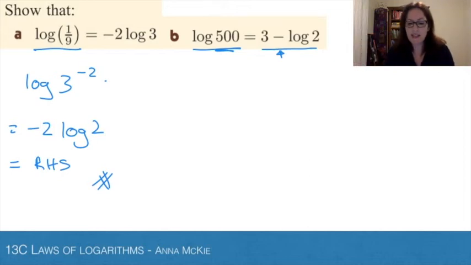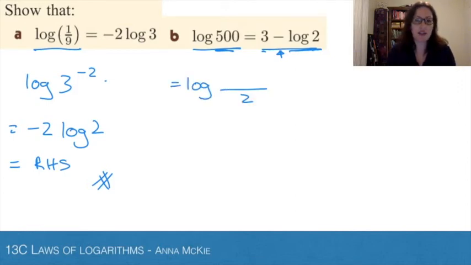But some of the keys here might be the 3 and the 2. When you split that log later, the denominator becomes the one on the right hand side. So that log of 2 might give you the clue that the denominator is 2. And so you ask yourself, well, what divided by 2 gives 500? It's 1,000.